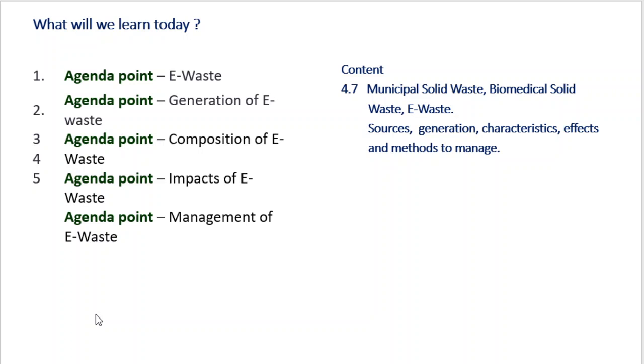Next we saw water pollution, the sources of water pollution, effects on environment and lives, how to prevent water pollution, BIS water quality standards, flow diagram of a water treatment plant, and water conservation techniques.